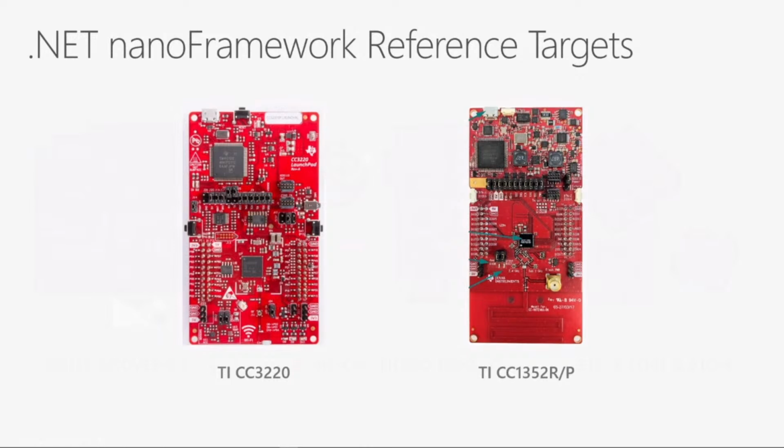Okay, next one we have the TI devices. The series that we have as reference targets have a very common design architecture, and they are very interesting because they all have dual core Cortex M's, one that is more powerful and runs the user application, and the second one, which is responsible for running everything with the radio stack, meaning that the protocols are there, and also all the tasks and threads to interact with the radio stack are run there.